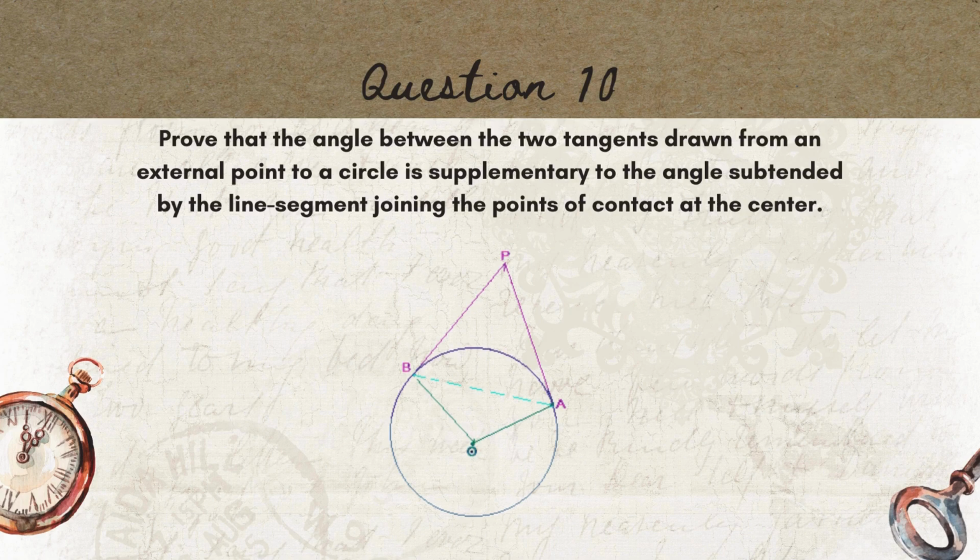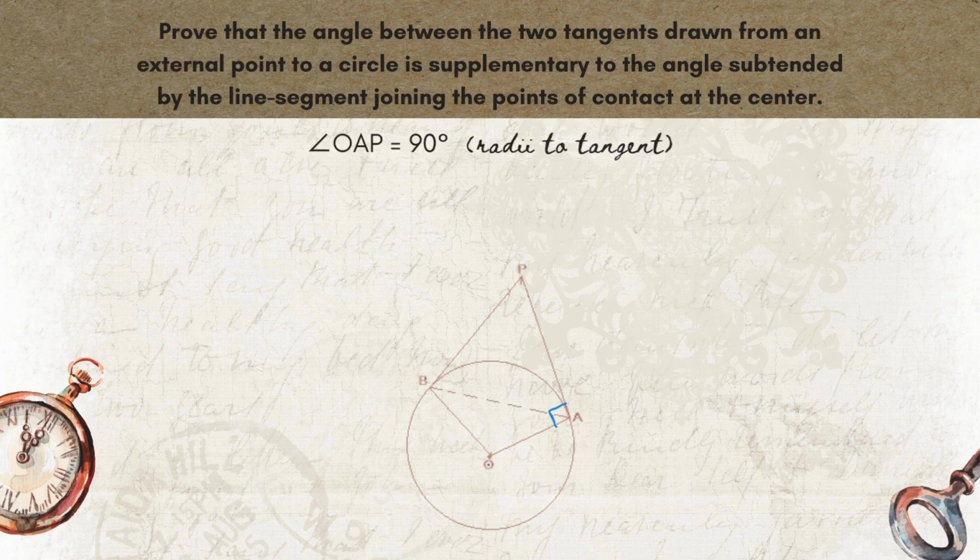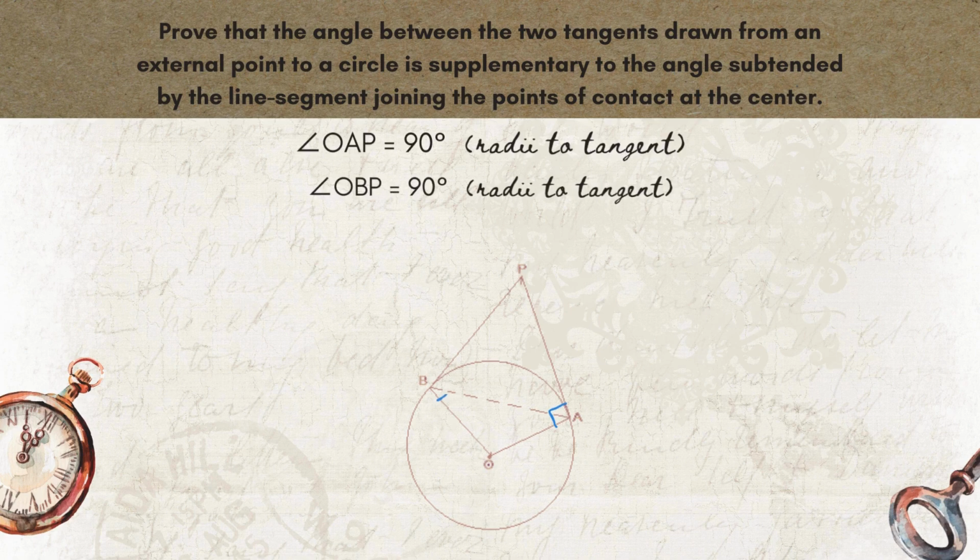the circle. Now, angle OAP is equal to 90 degrees because it is the radius to the tangent. In a similar way, the line segment OB is perpendicular to PB. So angle OBP is 90 degrees and angle OAP is 90 degrees.